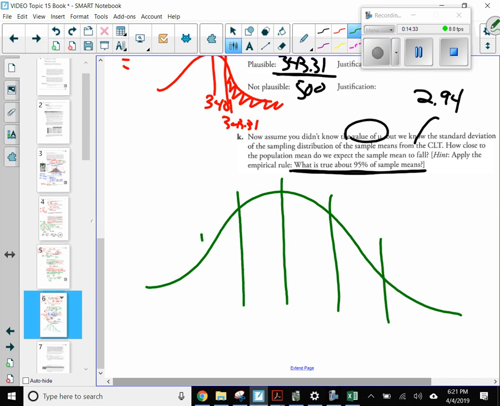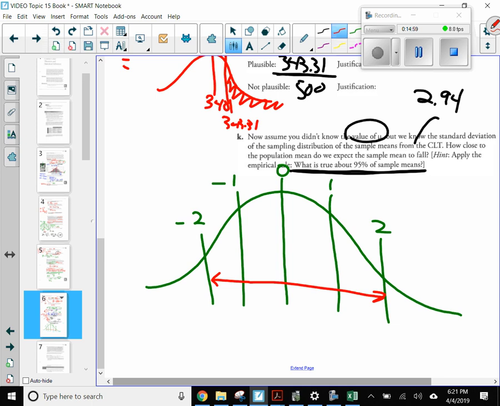And here's my mean, here's one standard deviation, here's two standard deviations, here's -1, here's -2. I know that 95% of all the possible values that I might get when I take a sample of 2,597 are going to be within two standard deviations of the mean.